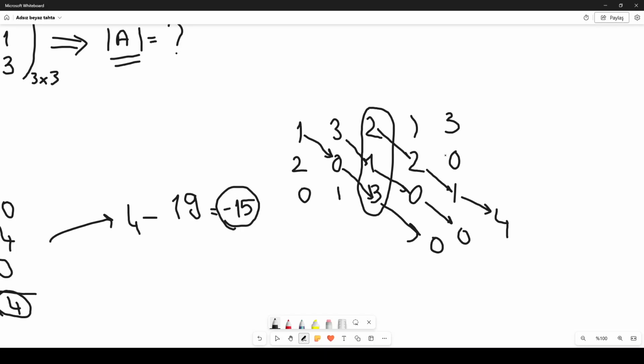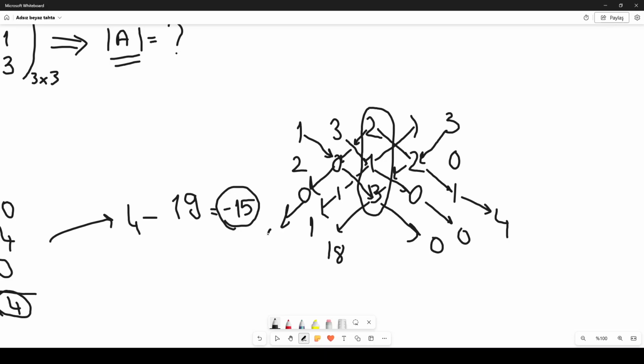And in the other direction, now let's move in this direction, as you see. 3 times 2 times 3 is 18, and 1 times 1 times 1 is equal to 1, and 2 times 0 times 0 is equal to 0.